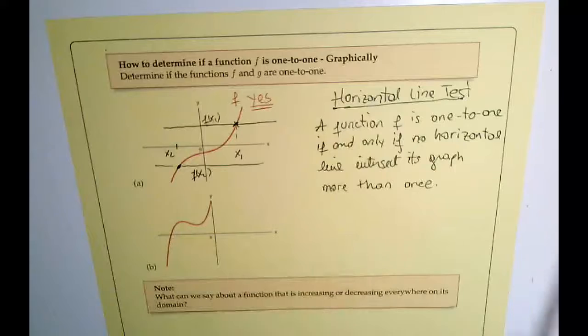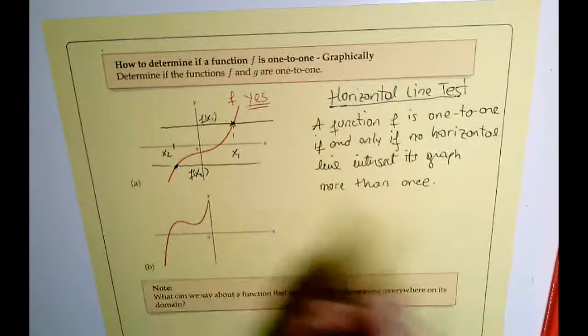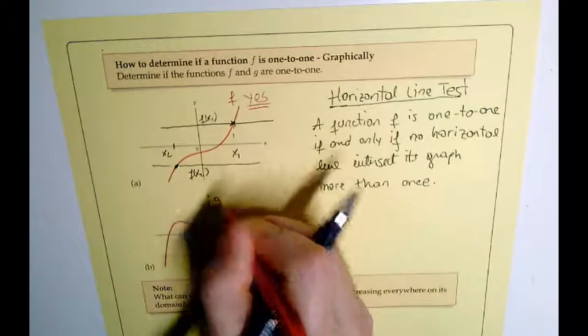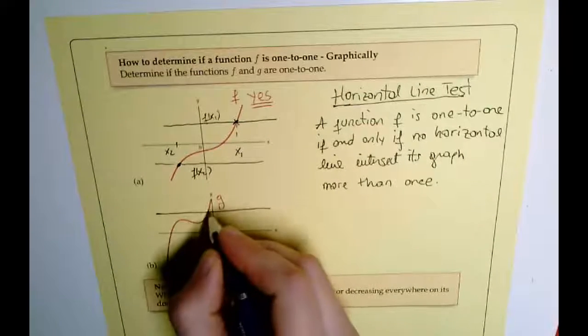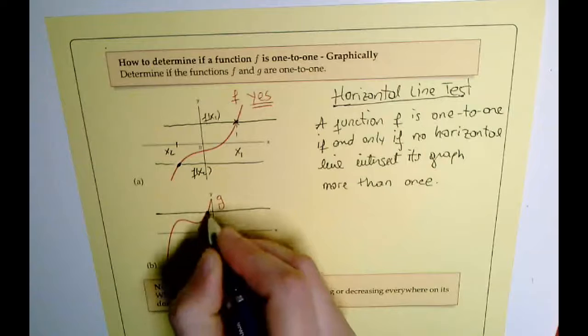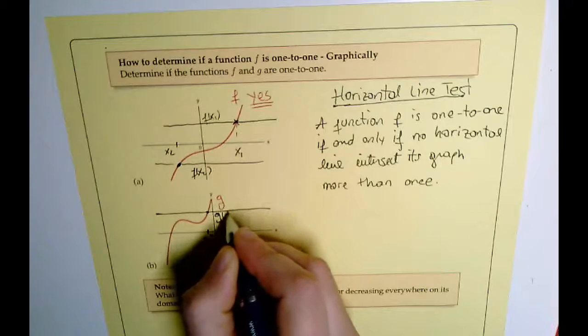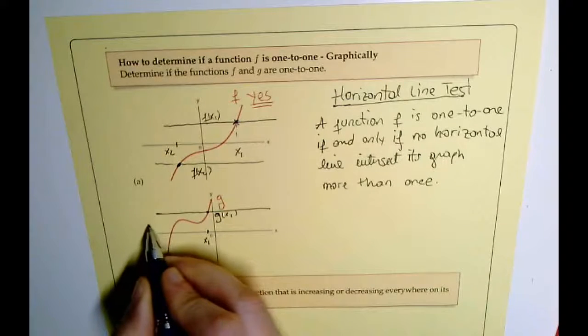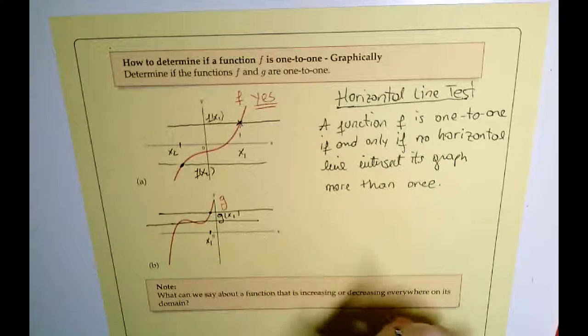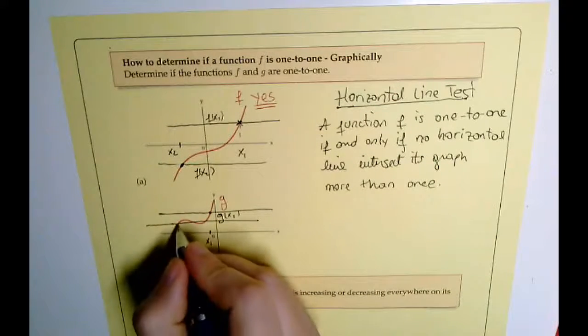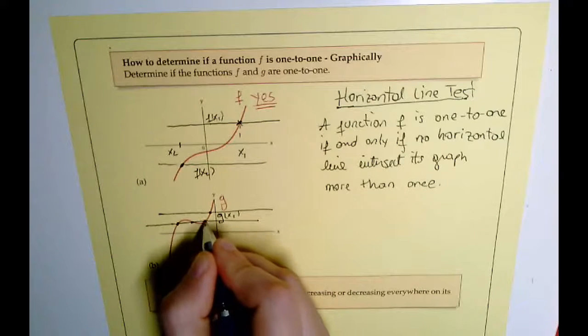What about this one? Well, let's call this one G. Let's draw a horizontal line. Okay, one input x1 has an output G of x1. But notice if I draw a horizontal line here, what is happening there? I see that it intersects it in 3 different spots.